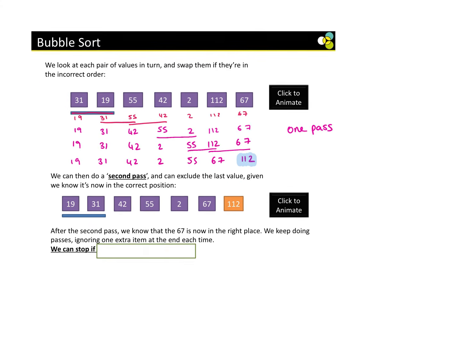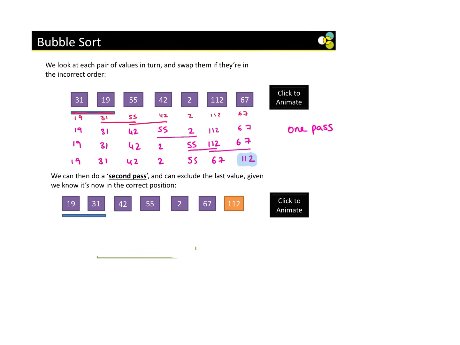If I was starting the second pass, we have 19 and 31, no change, because that is in the correct order. 31 and 42, no change. 42 and 55, no change. 55 and 2, we would swap.